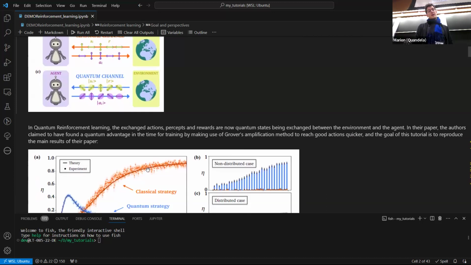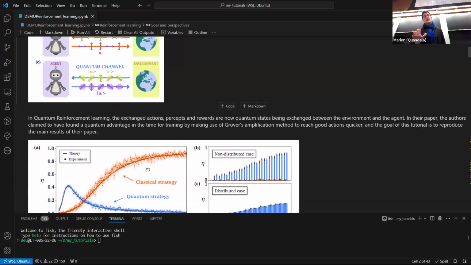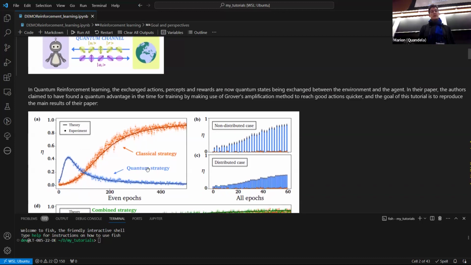And so the idea here is that in the quantum channel, roughly, what you can do is some sort of Grover search. So basically you can find a way to implement a Grover algorithm to find the action that is going to be rewarded the most by the environment. And this is roughly what you see here on the first image. So this is a typical reinforcement learning plot where on the x-axis you have the epochs, which is just the number of runs you're going to do your learning on.